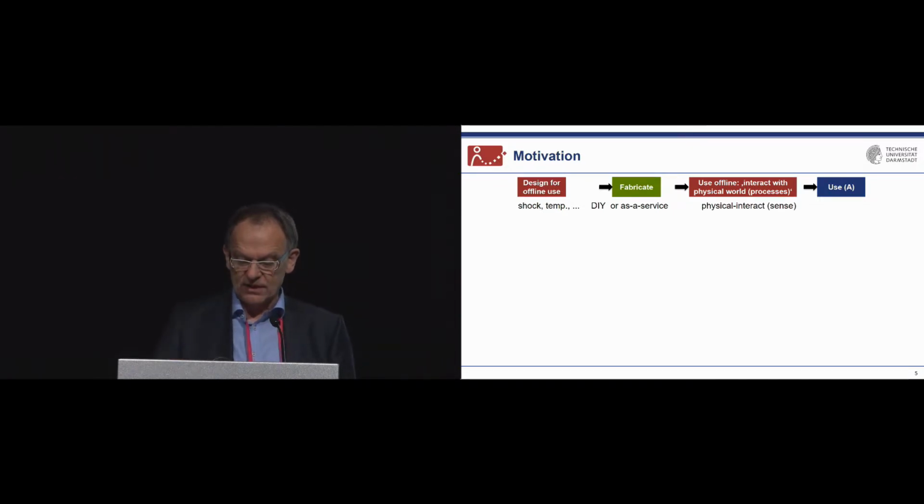And then obviously, the one use case is this physical interaction with the process in the wild, so as long as the sensor is offline. And the use case now, I think, is also clear, either in between at different intervals or whatever, or after the process, the user can check whether a boundary condition, for instance, was violated during the process.